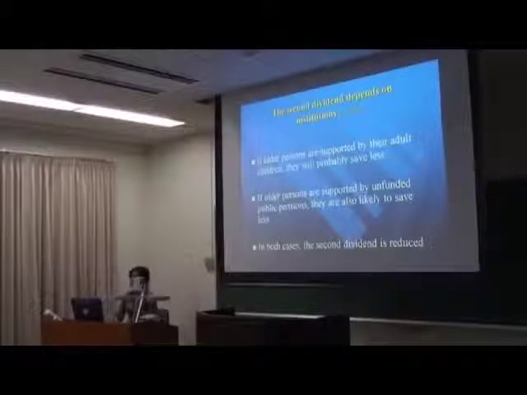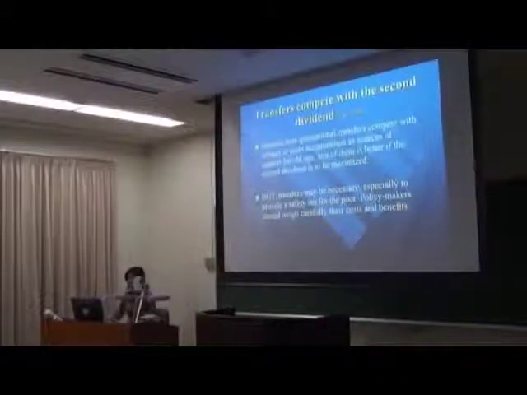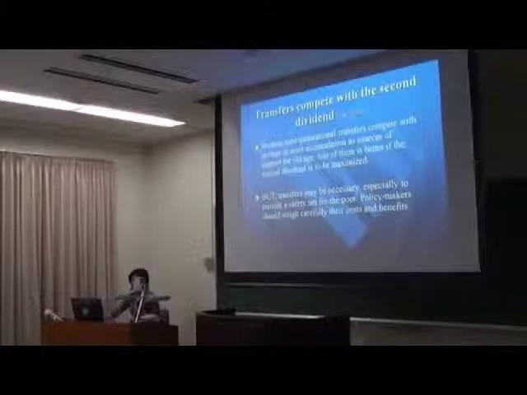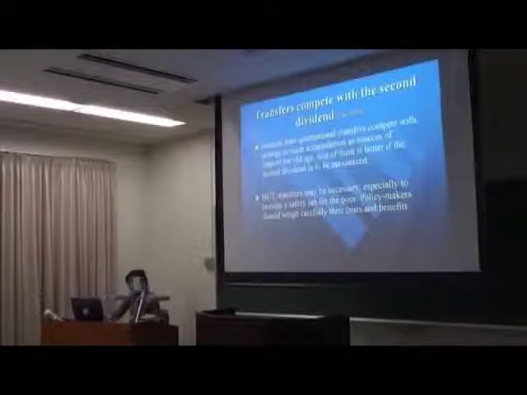So this is the key. So they said transfer competes with the second dividend. Why? Because intergenerational transfer competes with saving or asset accumulation as a source of support for old age.